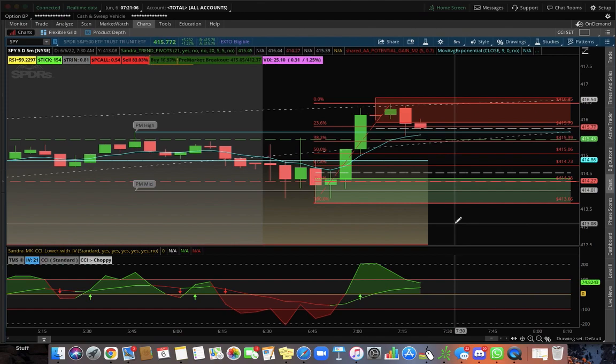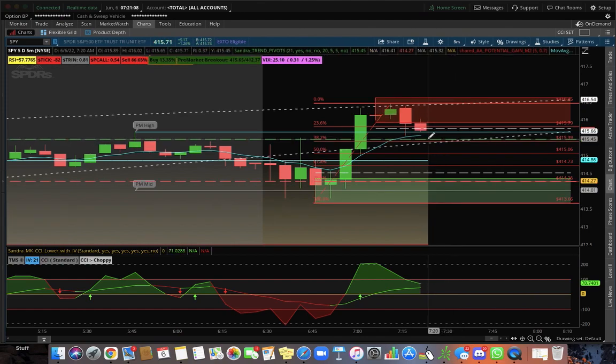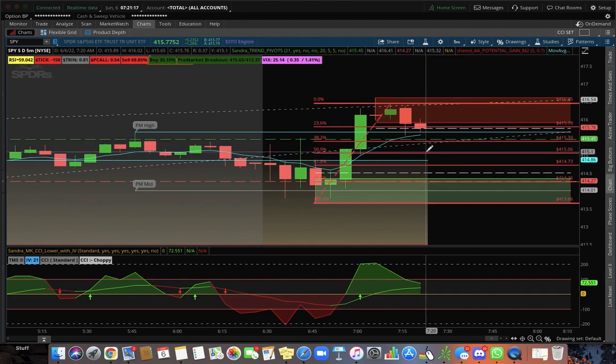If it breaks there, then we have a pivot zone here at 415.45. We've got a lot of power lines here. So we'll see if it reaches the 415 level, 415.06. It's not a really big move, about $2, 413.60 to 416.45.